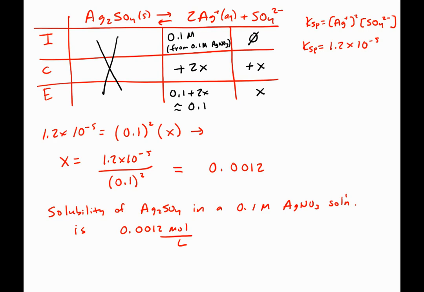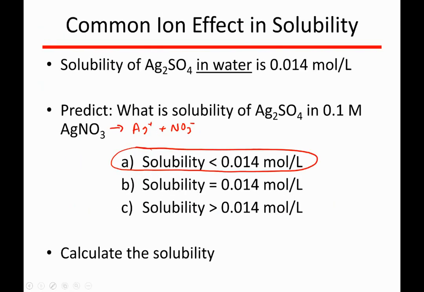Now we can go back to the iClicker question that you saw a moment ago to confirm that this value is something that would make sense, something that we predicted. We had predicted at the outset that with the presence of this common ion, the presence of the Ag plus ion from AgNO3, you would not be able to dissolve quite as much Ag2SO4 into this solution.